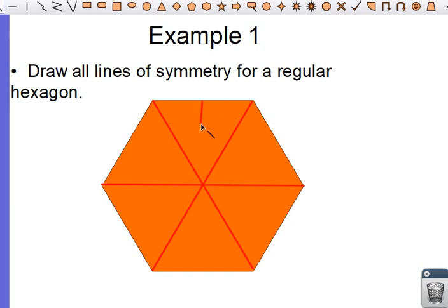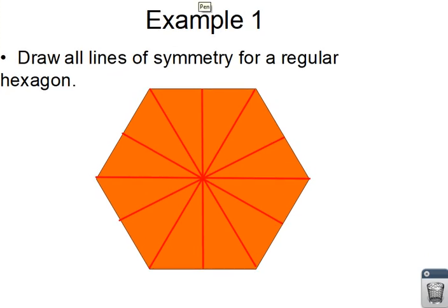You could split the shape right down the middle, or through here, or through here. Any of those lines would be lines of symmetry where you could fold the shape and get it. So this would be 1, 2, 3, 4, 5, 6 lines of symmetry.